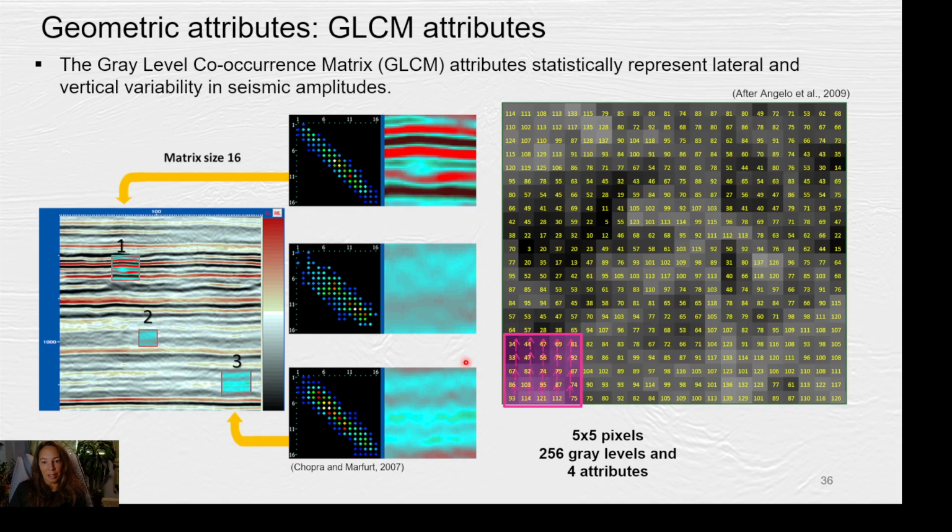And so we'll calculate it in different directions, we'll move it through our seismic section, and then recalculate it. And so in this case, we're looking at GLCM contrast, GLCM correlation, GLCM energy, and homogeneity. So they're kind of trying to give us information about how much variation there is in this 5x5 box. So it's giving us a texture of values.